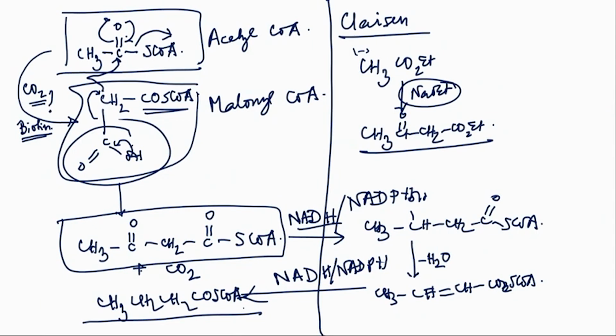In fatty acid biosynthesis, this cycle is repeated over and over again. This one reacts with another malonyl CoA and you get hexanoyl CoA, then C8, C10, C12, C14, C16. After C16, which is palmitic acid, it falls off from the enzyme, the thioester goes off and becomes the acid. So, that is palmitic acid.